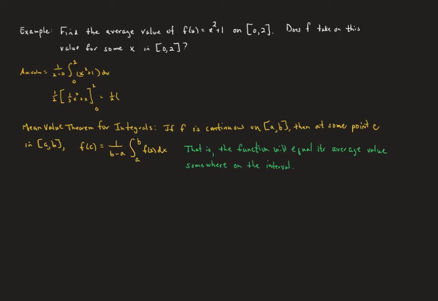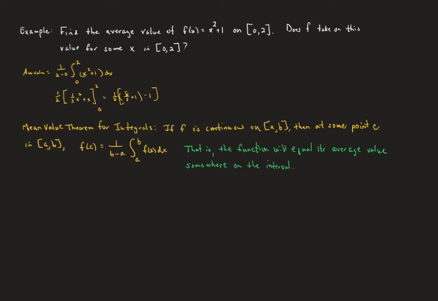Okay, I'm back. The 2 cubed over 3 is going to be 8/3, plus 1, and then we're going to go minus the lower limit, which is going to be 0.